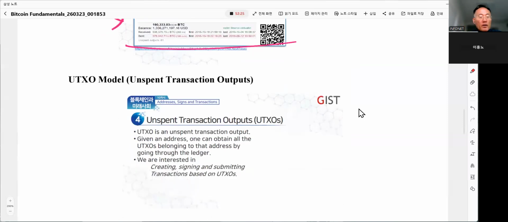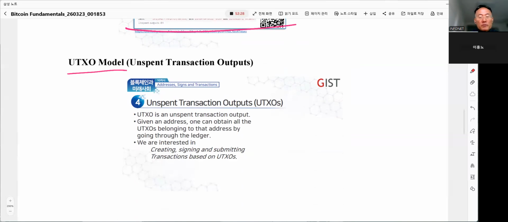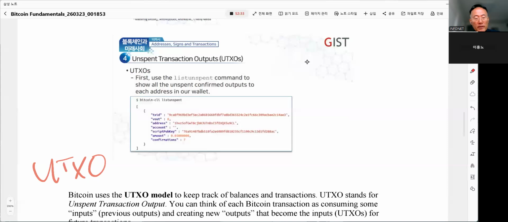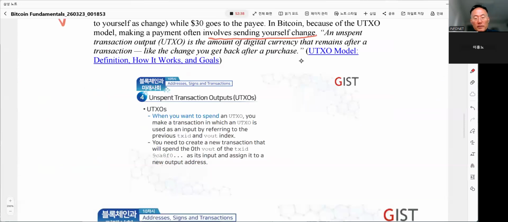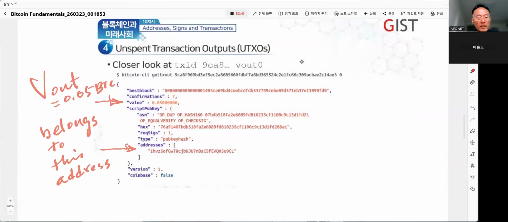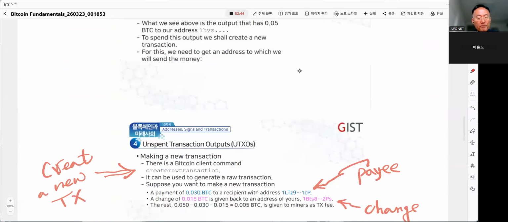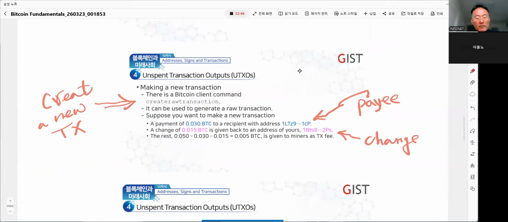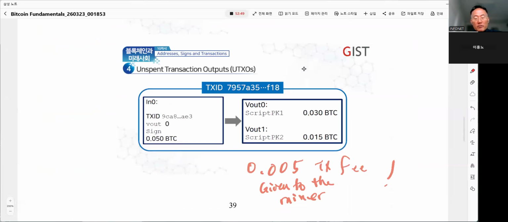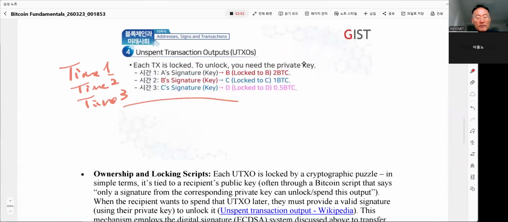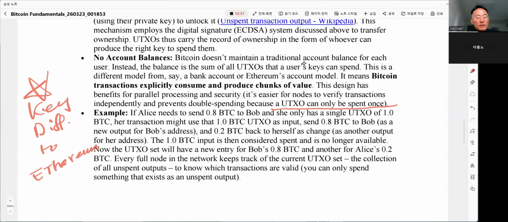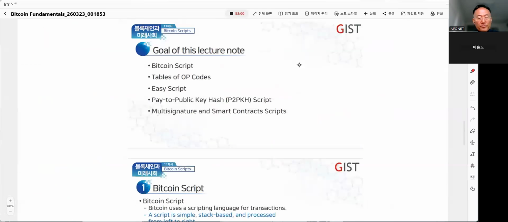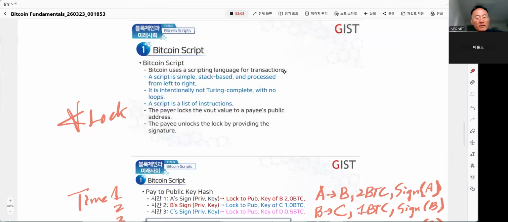There is the UTXO, the unspent transaction output. I think I have to do this later on. But you can read about UTXO, how change is made, how to create a transaction, what the transaction looks like, how you spend, and the key differences to Ethereum, and the locking script.